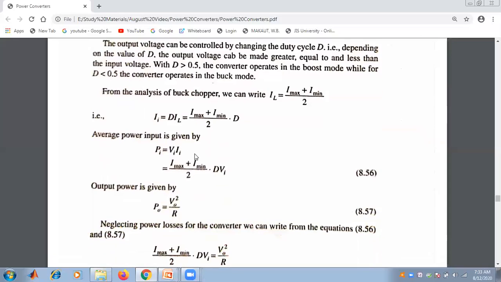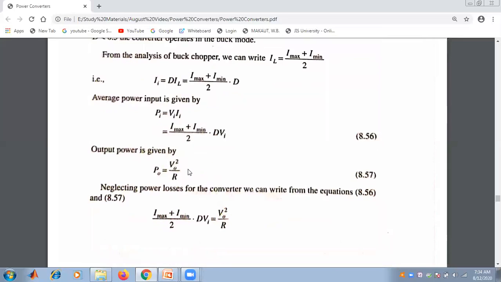So again, the input power is given by Pi equal to Vi Ii. Putting the value of Ii in this equation, we get the average input power, equal to I max plus I min by 2 into D into Vi.